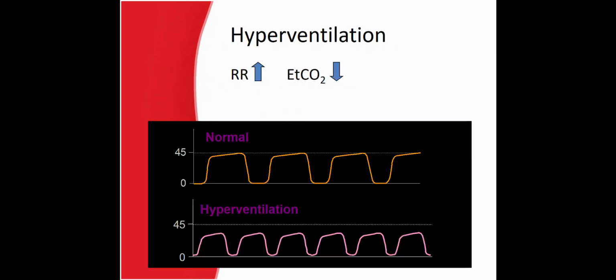There is usually an inverse relationship between respiratory rate and the amount of end-tidal CO2. As the respiratory rate rises into abnormal ranges, the end-tidal CO2 will decrease. Compare the normal waveform to the hyperventilation waveform.